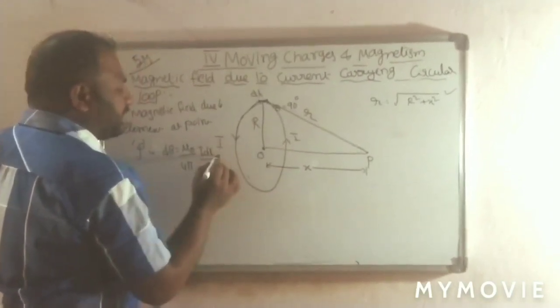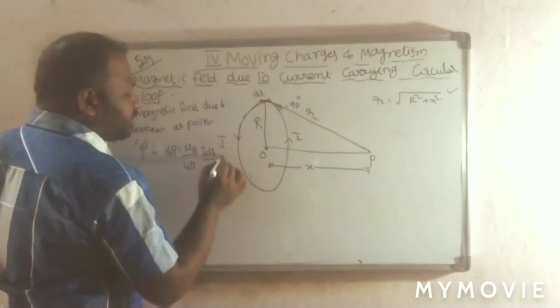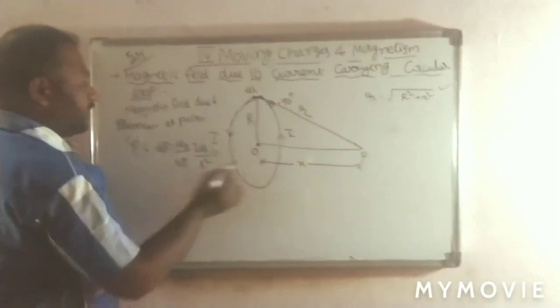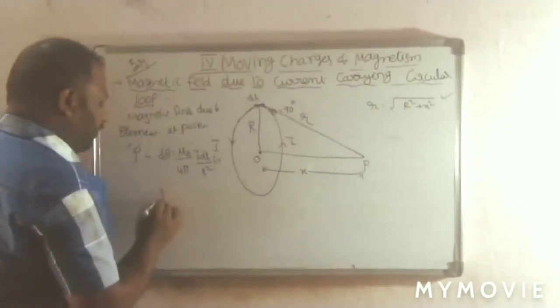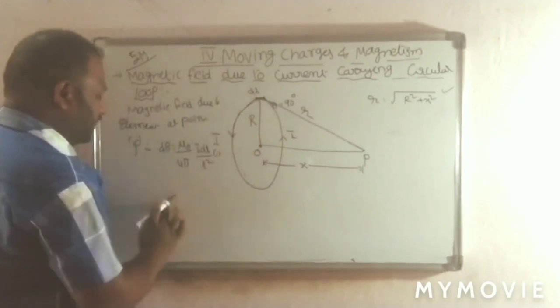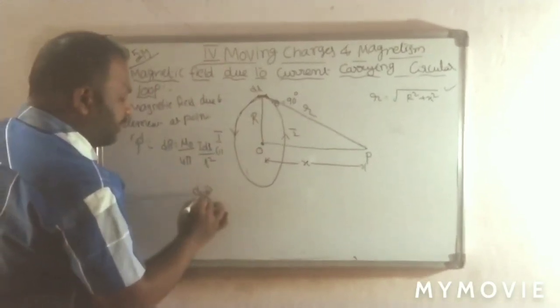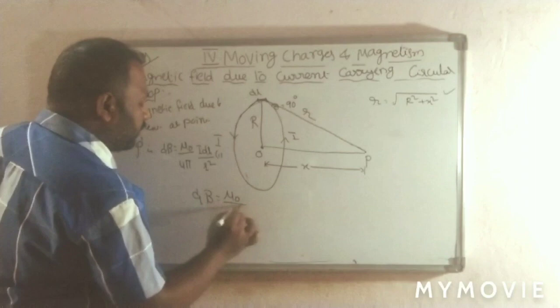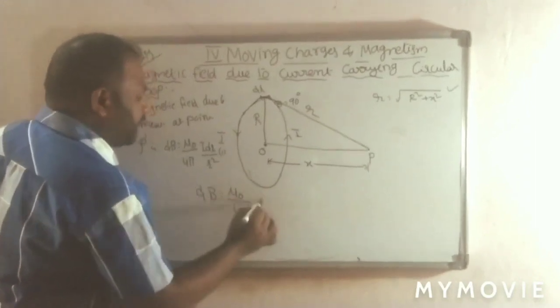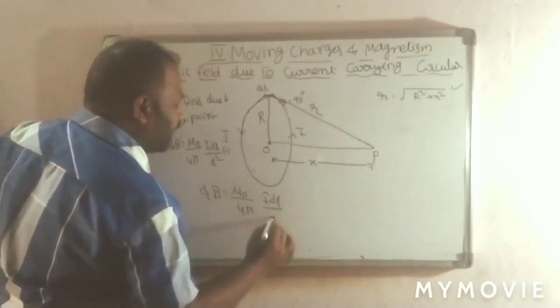Here what is sin theta? Theta is 90 degrees, so sin theta can be taken as 1. So the magnetic field at the point due to this element is dB equal to mu naught by 4 pi into I dl by R square.